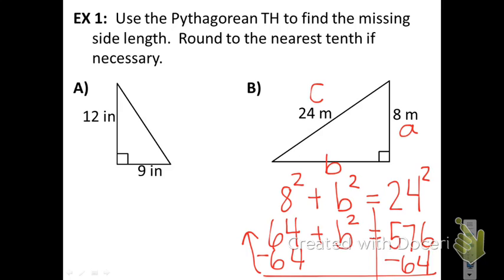So if you subtract 64 from both sides, what's left? 64 minus 64 cancels, and you have B squared equals 512.